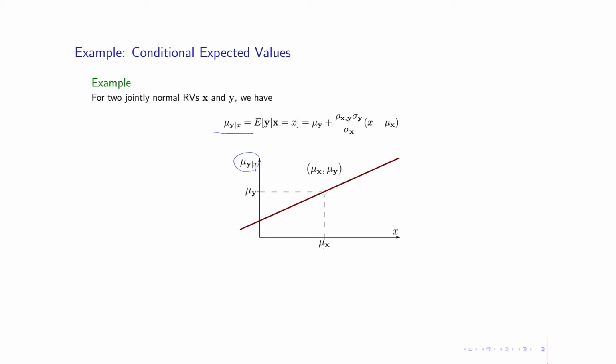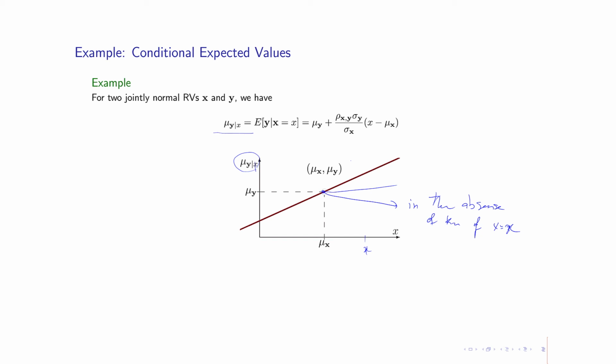So in the absence of knowledge of x, we expect to be here. But as x is observed, if you have some deviation, for instance, if x is here, then you will have some correction on what we expect for y.